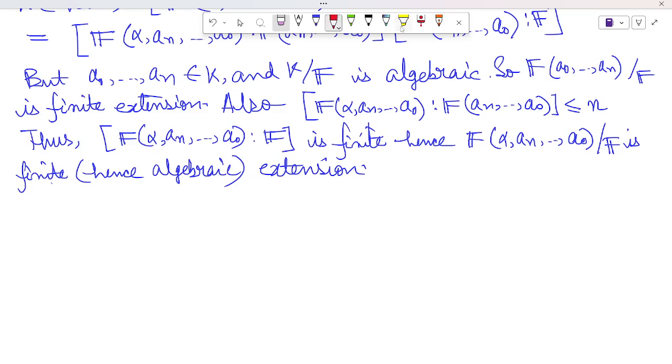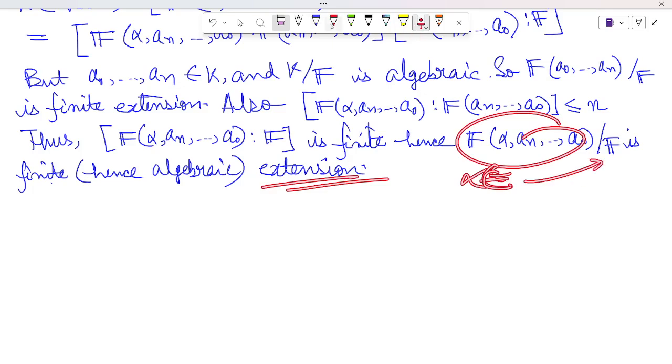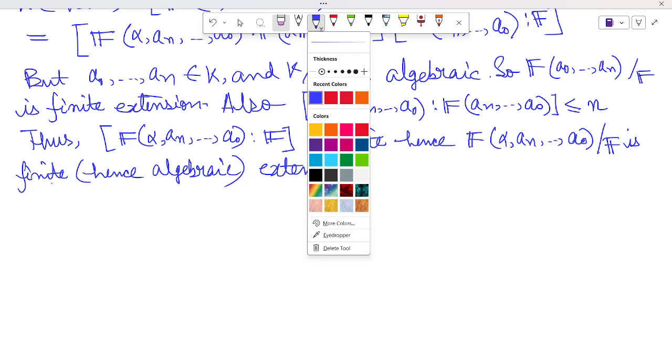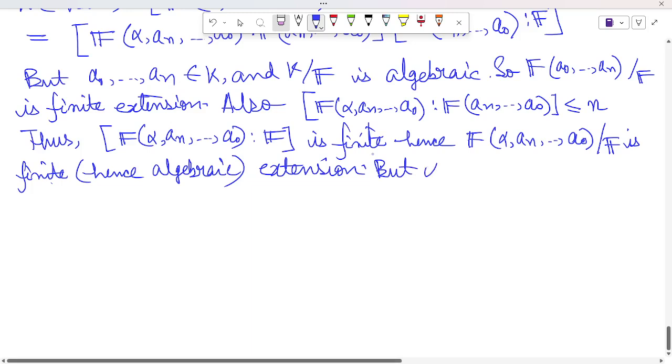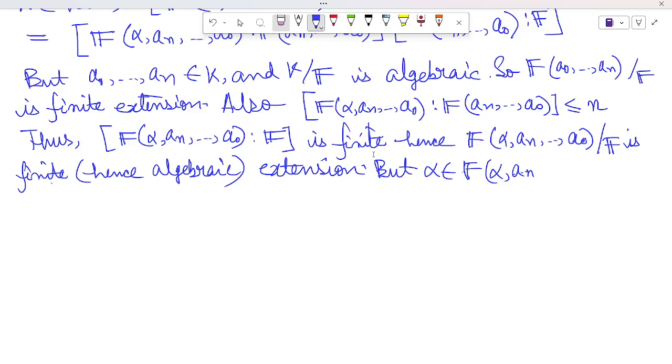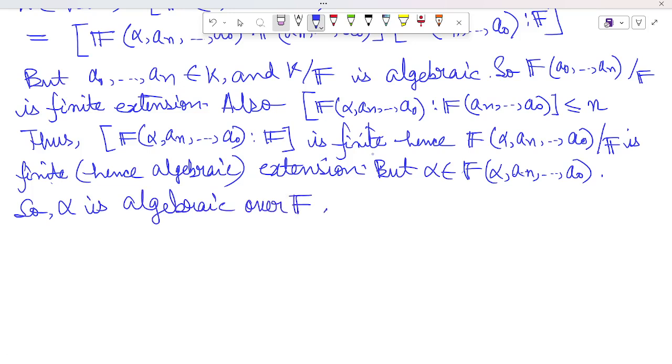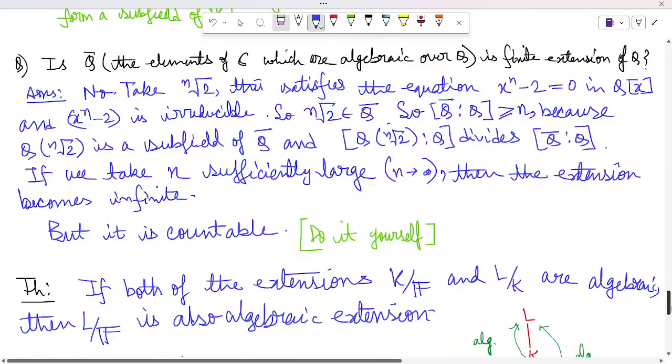But alpha belongs to this field, so alpha is algebraic over F. So I took any element from L and it is algebraic over F.